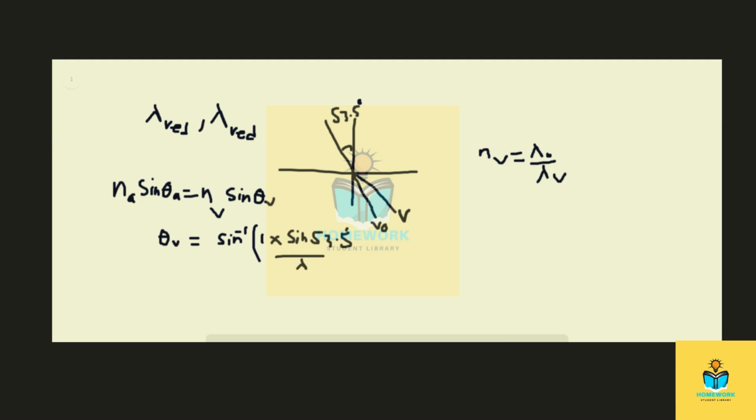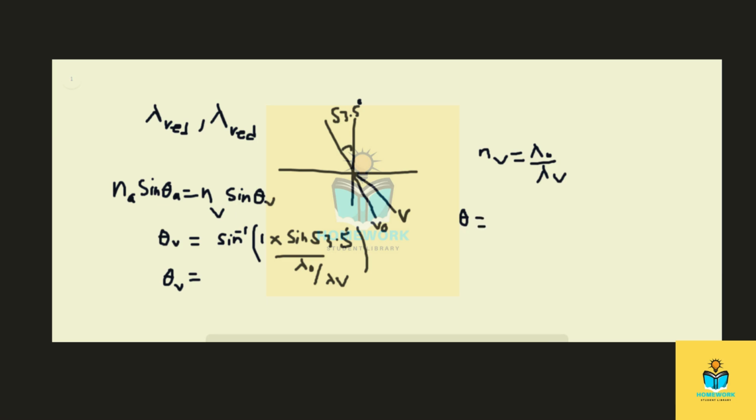So NV we can write as the wavelength of light in a vacuum over the wavelength of violet light. If we solve this, then we will get the angle for the violet. And then similarly we will do the same procedure for red light.